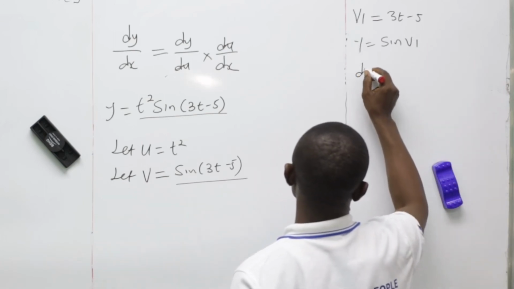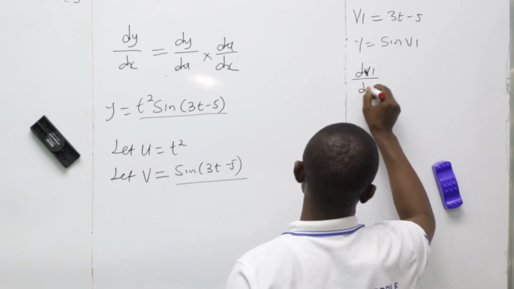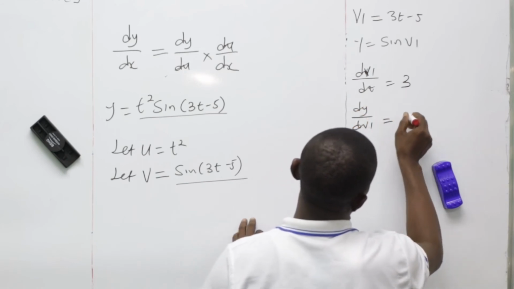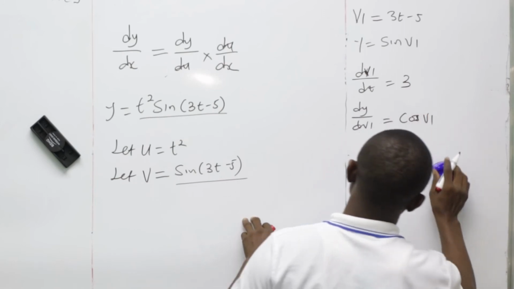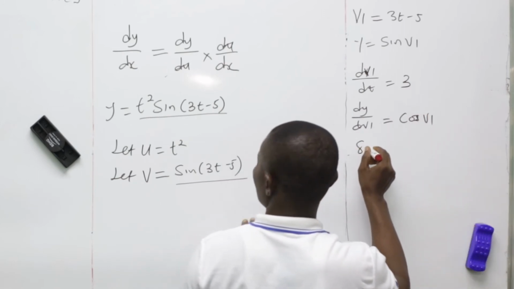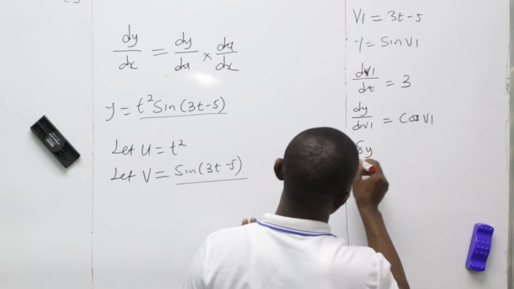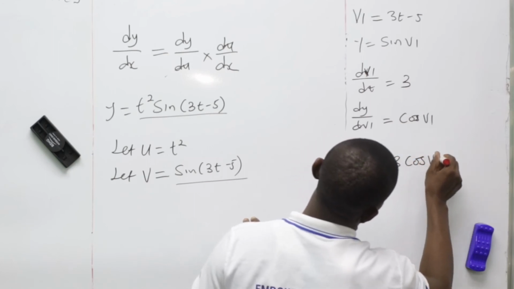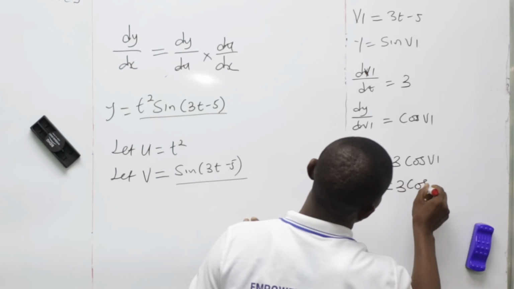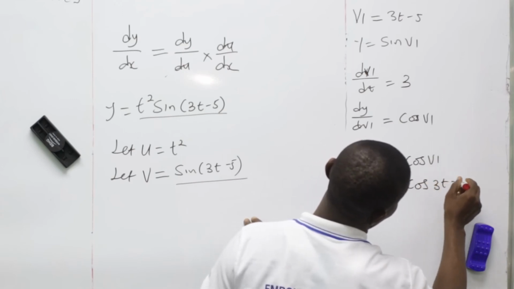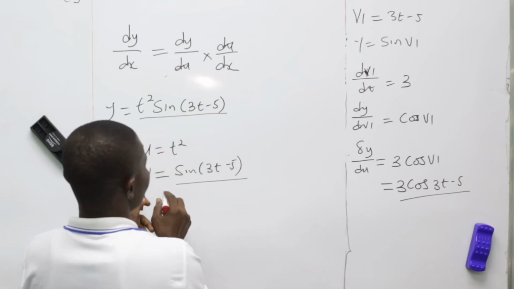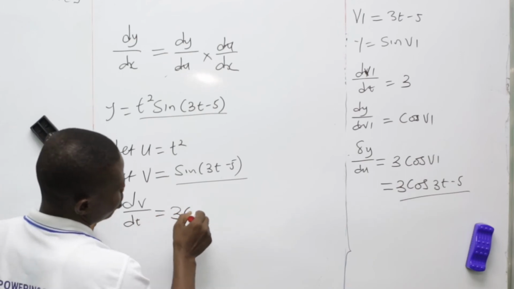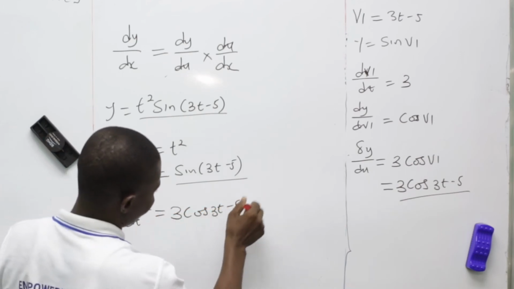So let us take the derivatives: dv1/dt equals 3, and dy/dv1 equals cos v1. So dv/dt equals this times this, 3 cos v1. Recall that v1 equals 3t − 5. Now we have what we need for dv/dt, which is 3 cos (3t − 5).